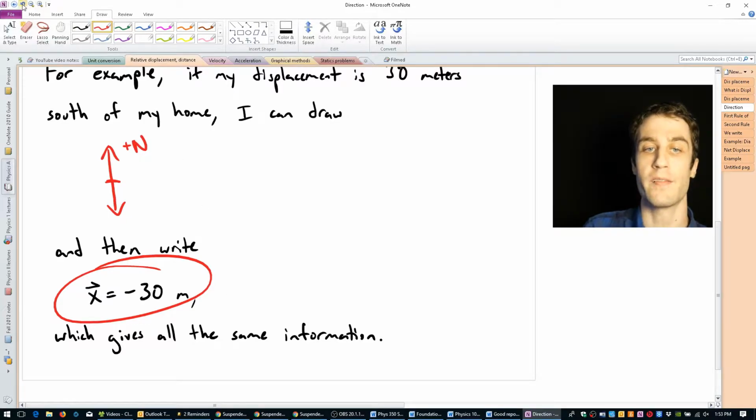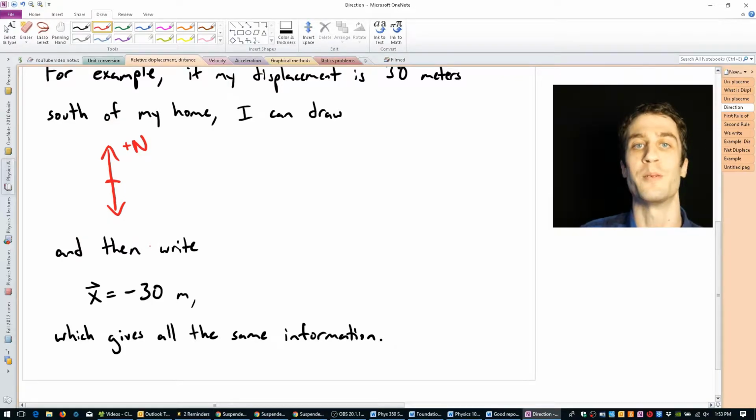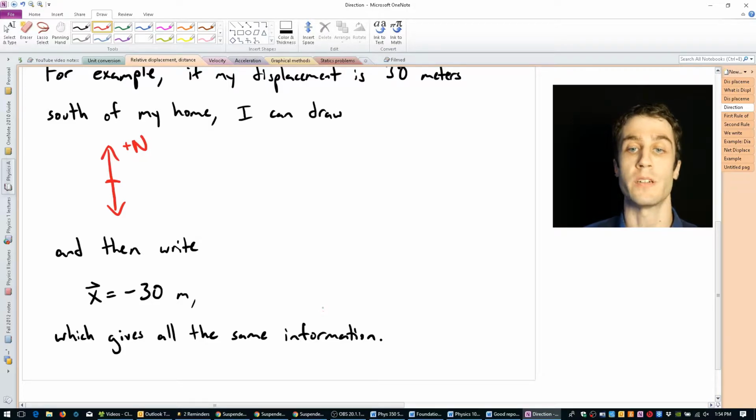And because I have both the coordinate system and the negative sign in front of the 30 meters, it's unambiguous that I mean 30 meters below the origin, taking north to be positive, so 30 meters south. Negative 30 meters north means 30 meters south. And it gives all the same information as if I had said 30 meters south or negative 30 meters north.